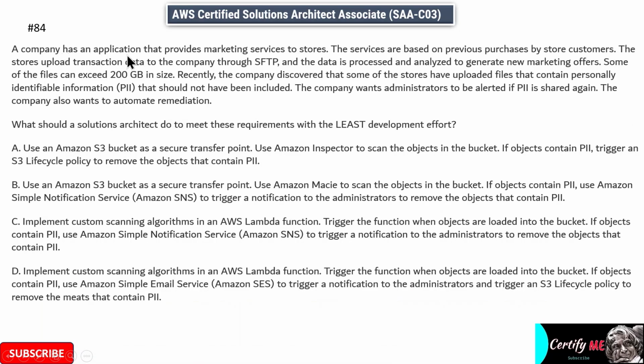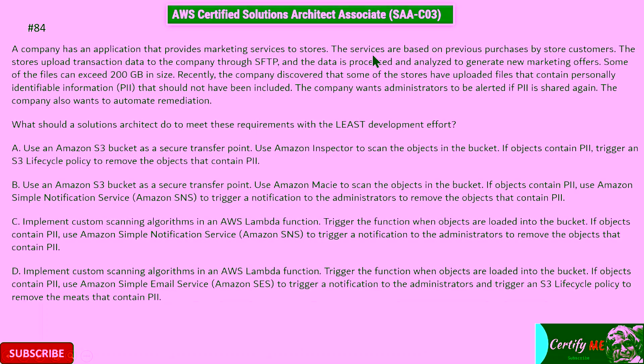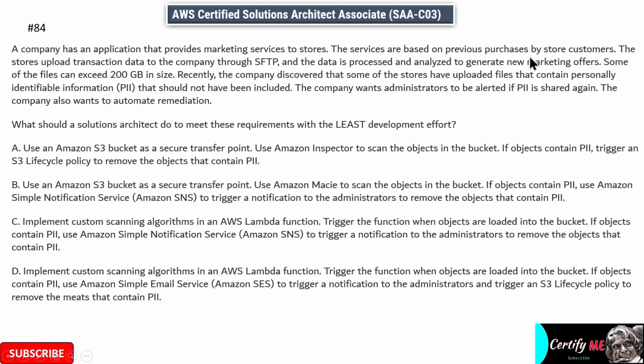A company has an application that provides marketing services to stores. The services are based on previous purchases by store customers. The stores upload transaction data to the company through SFTP, and the data is processed and analyzed to generate new marketing offers. Some of the files can exceed 200 GB in size.